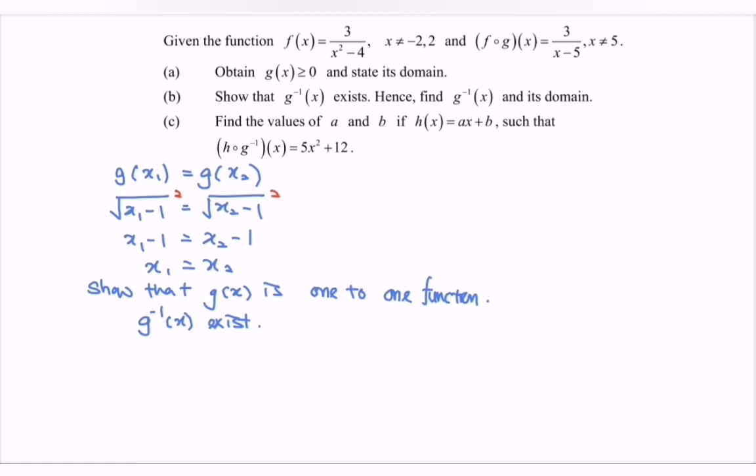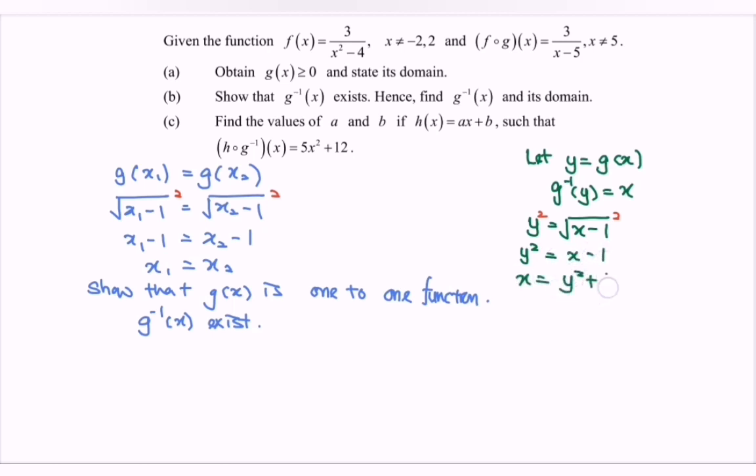Next, find g inverse and its domain. So let y equal g(x), so g inverse of y equals x. So y equals g(x), which is the square root of x minus 1. Square both sides. We have y squared equals x minus 1. So x equals y squared plus 1.